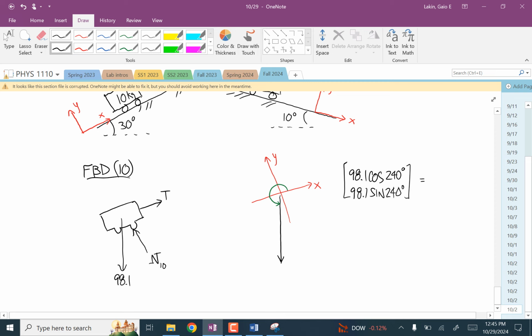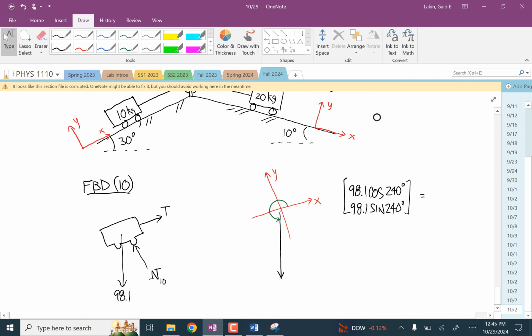And so that weight force vector is negative 49.05, negative 84.96.